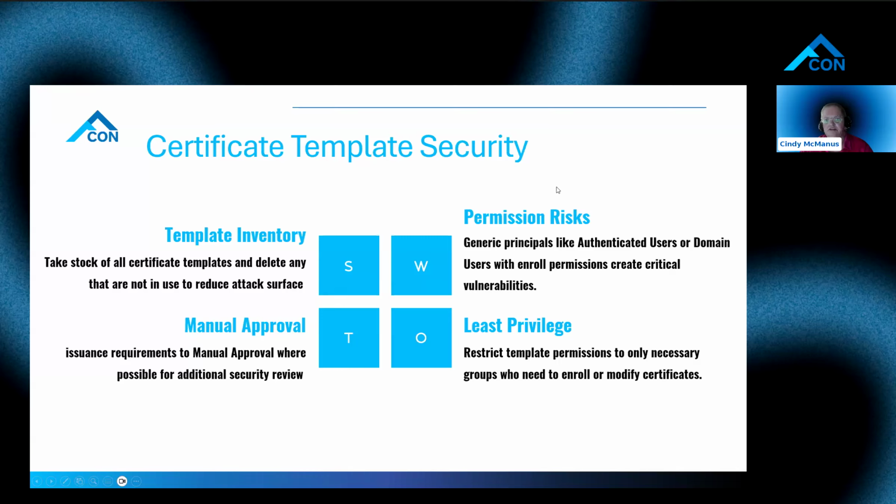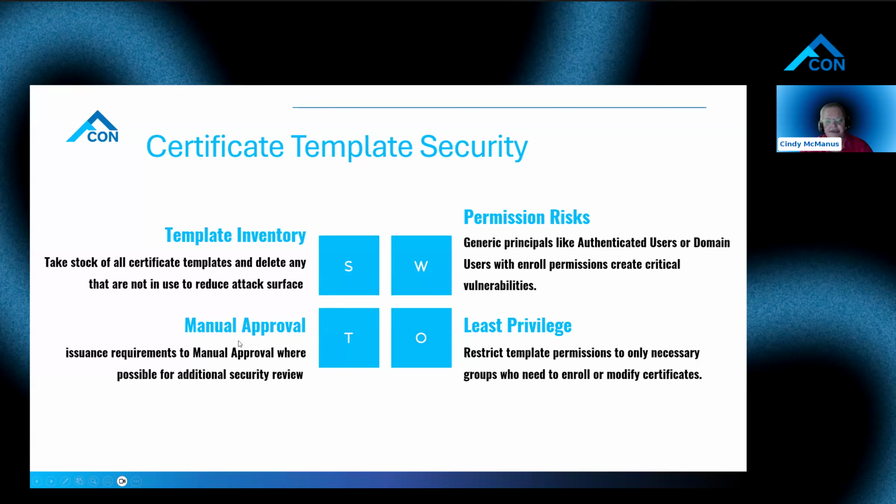Look at the permissions on the remaining templates. So if you have a risky template that lets authenticated users or domain users enroll, then Chris has got you. Manual approval.